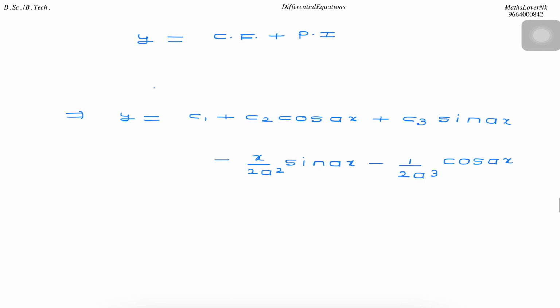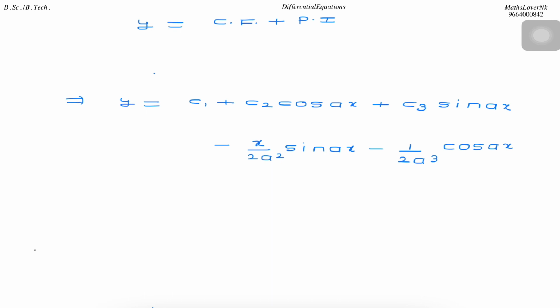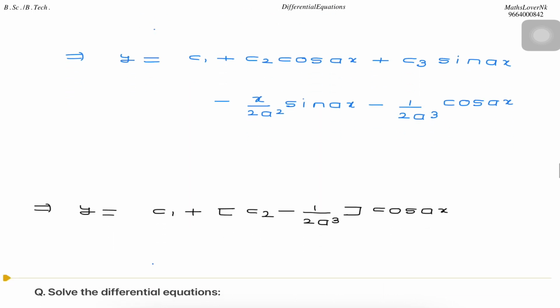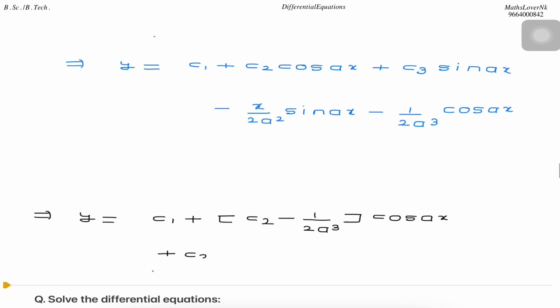Some books give the solution by merging the cos ax terms and writing it as a capital C. So y = C1 + (C2 minus 1 upon 2a³) cos ax + C3 sin ax minus x upon 2a² sin ax.